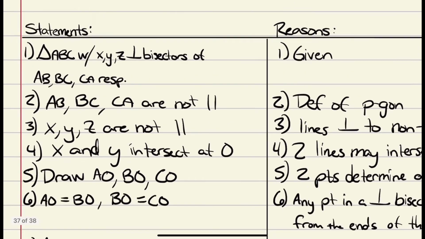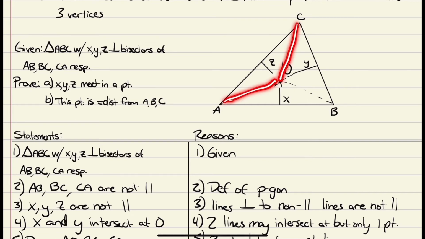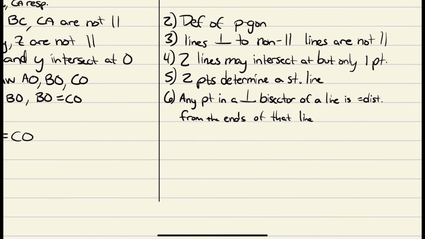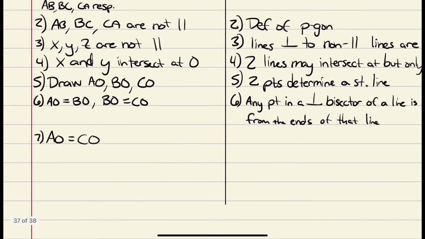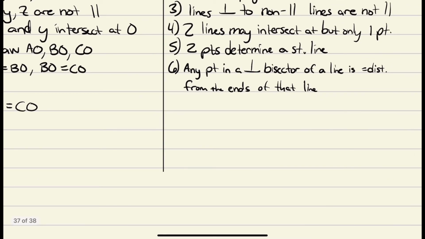We haven't even said anything about this, but we know that this will be equal to that because of substitution. And the next step is really going to bring it home. Number 7, I was able to say AO equals CO because of the substitution axiom.